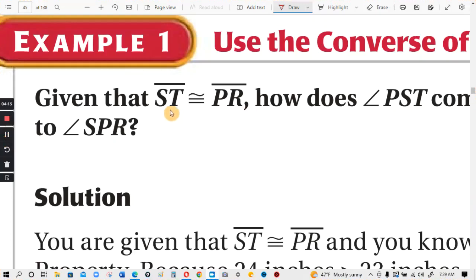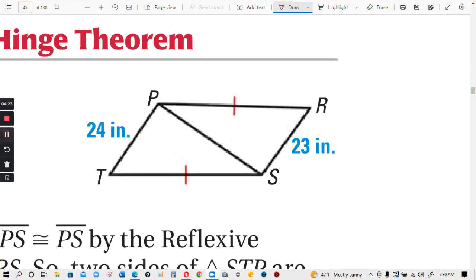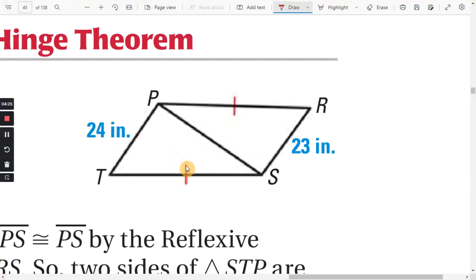Okay, given that ST is congruent to PR, how does angle PST compare to angle SPR? Let's see. Okay, they marked ST congruent to PR. So let's take a look. And also, we have this side right here that's shared by both triangles.